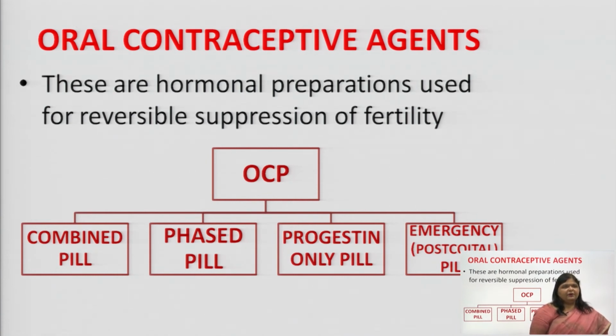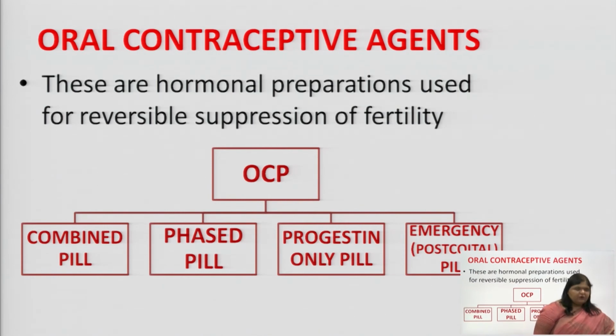We will now talk about the contraceptive agents. Contraceptive agents are hormonal preparations used for the reversible suppression of fertility. These hormonal contraceptive agents can be given by the parenteral route as well as the oral route. As per your syllabus, we will be talking about the oral contraceptive pills, which are generally also written as OCP.